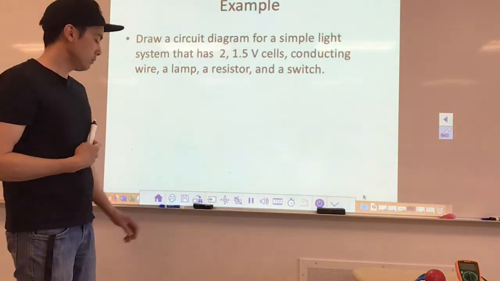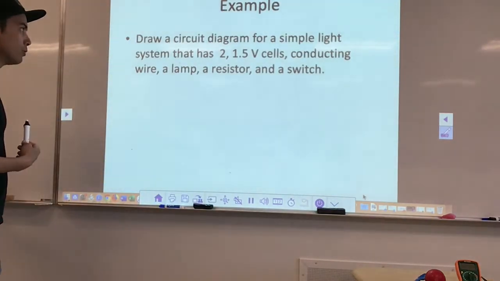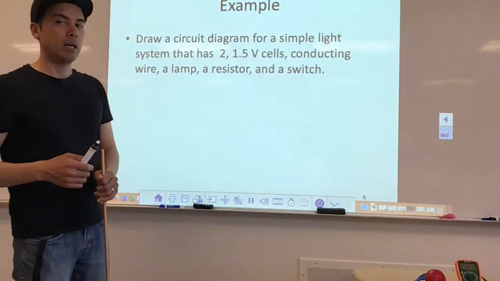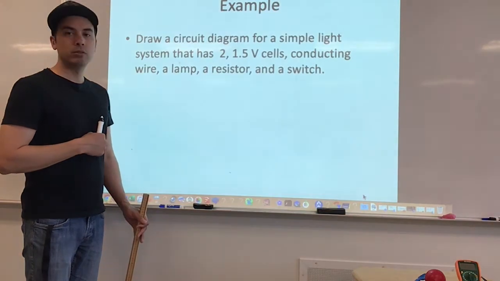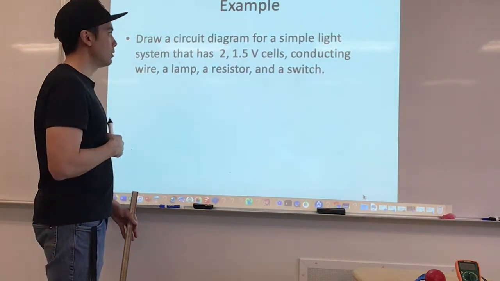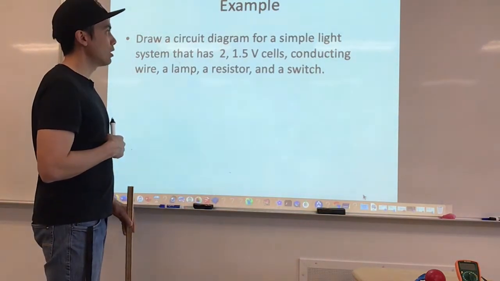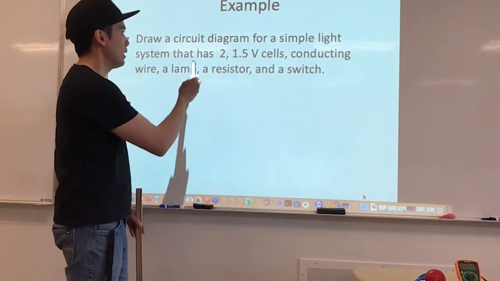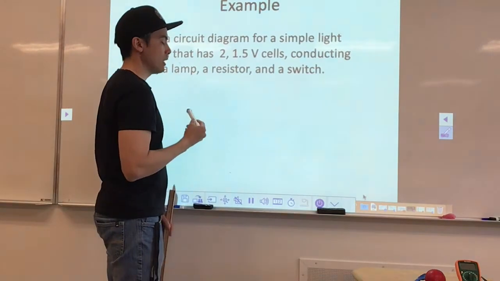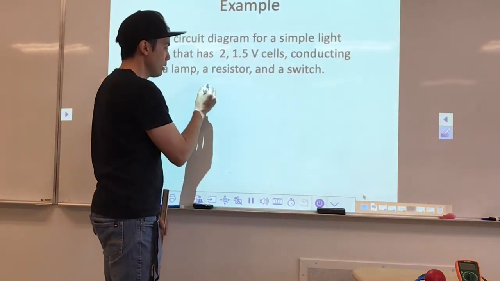So, sorry, I'm not going to be following all the rules because I'm not using a pencil, but I will try and do an example on the board. So to draw a circuit diagram for a simple light system, it has two 1.5 volt cells. So I might start with that first.